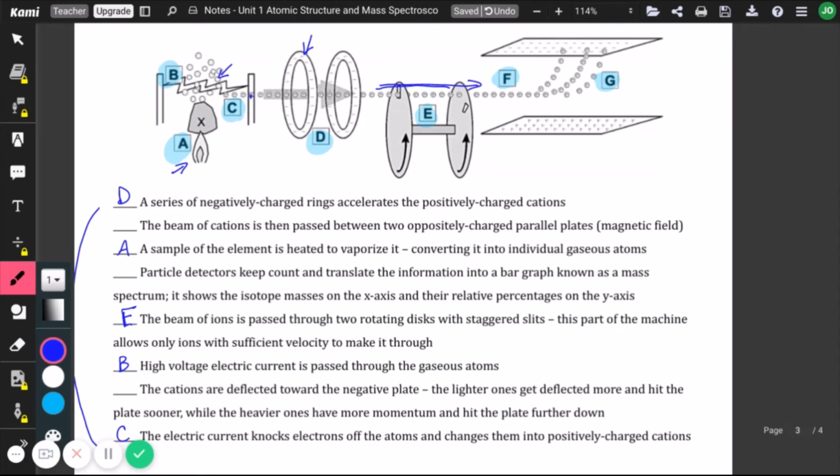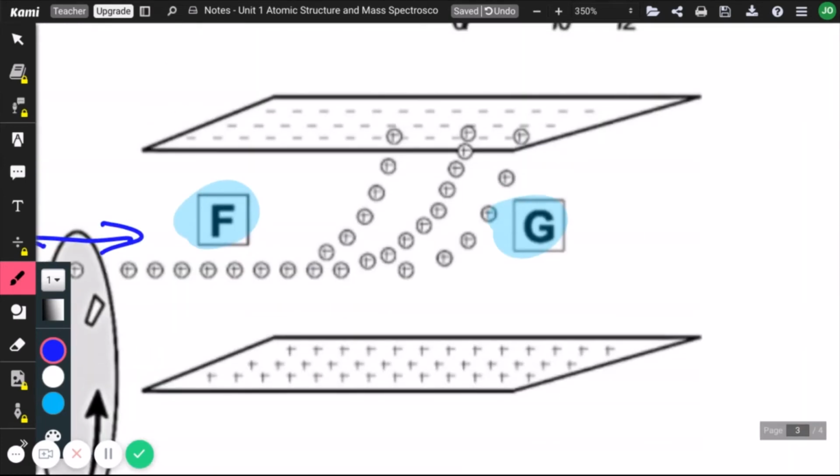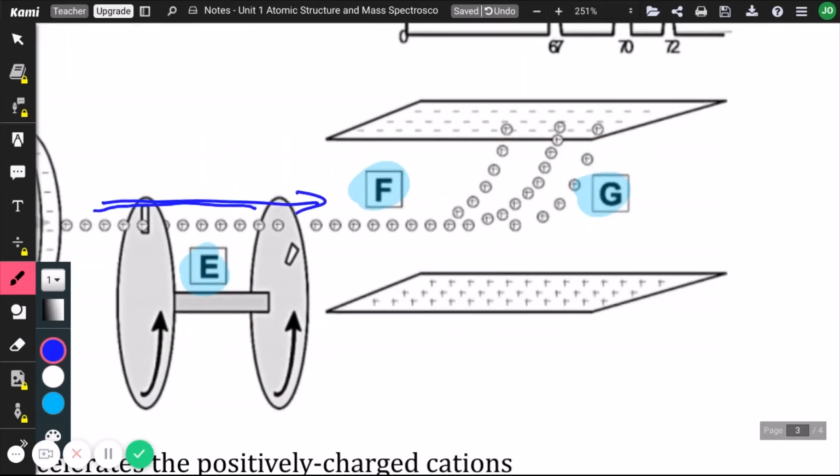Now, the next thing we are going to do is that the beam of cations is passed through two oppositely charged plates. If you look at this, we've got positives on this bottom plate and negatives on this top plate. What happens if you've got a positively charged thing and it comes near another positively charged thing?